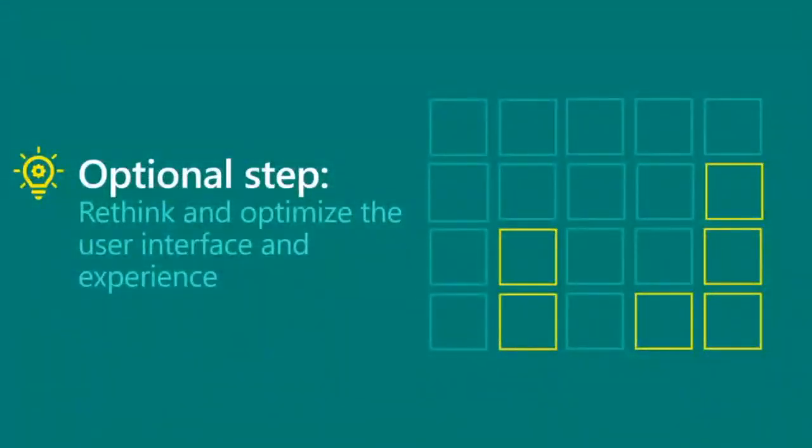Now, if you want to go further in terms of user experience, this is an optional step that can really integrate your cycle and iterations here and help you rethink and optimize the user interface and experience. So here, it's a UX cheat sheet to make your users love your app by making it simple.